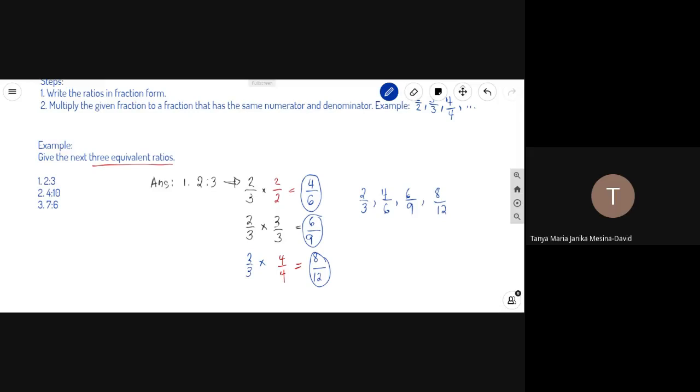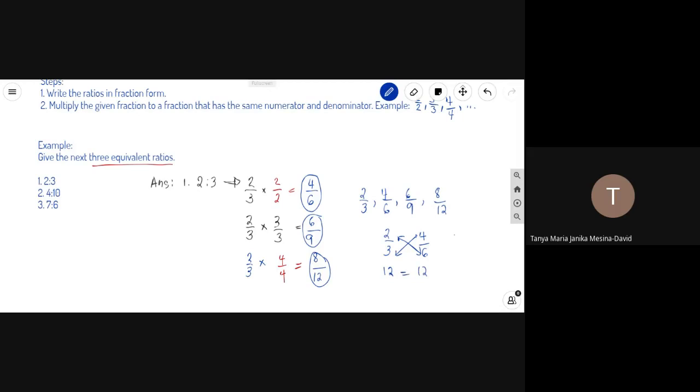So just to show you that they are really equivalent, I will put here 2 over 3 and 4 over 6. And to check that, I will multiply the numbers that are in diagonal with each other. 2 times 6 is 12, and 3 times 4 is 12. Both sides of the expression are equal.